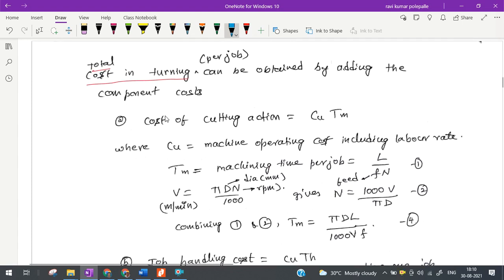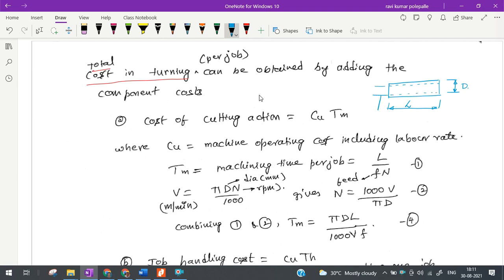Let us look at the costs that may be involved in a simple turning operation. Let us take the case of simple turning. That means I will turn a job over length L, of diameter D. I will do the simple turning operation and reduce the diameter to small d, say.